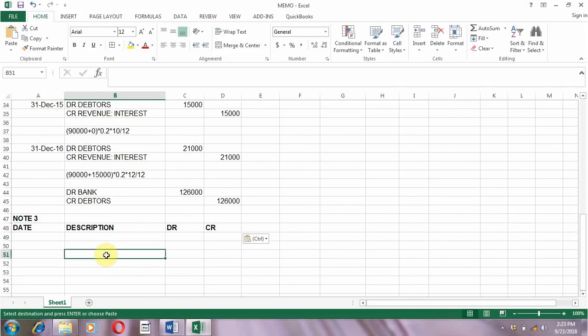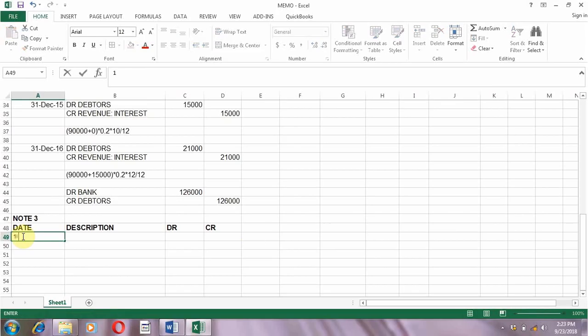Right, in note number 3, we sell cupboards, and one of them is now damaged on the last day of the year, so we need to make sure that we account for the warranties and the cost of sales when it is repaired. So the first date we will account for is the date of sale, and this was 1 January 2015.